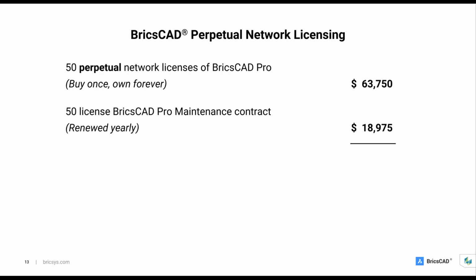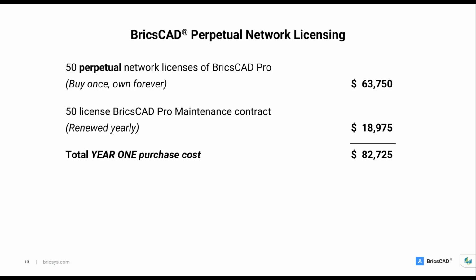It would essentially be the way they've always done business. They're just doing it with BricsCAD instead. And that's about $64,000. Then maintenance to keep everything current year over year would be an additional about $19,000. So you're talking about roughly $83,000 in year one, and that is to totally replace their software and get up to speed with BricsCAD.